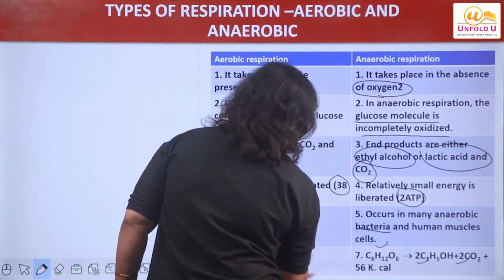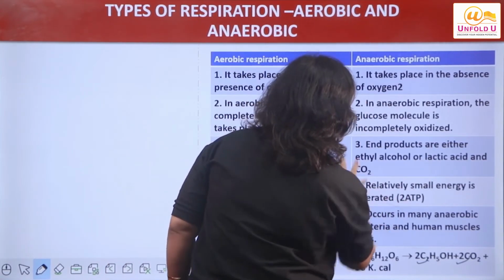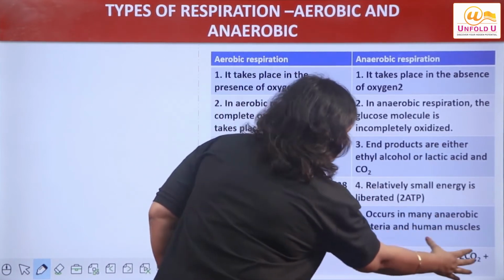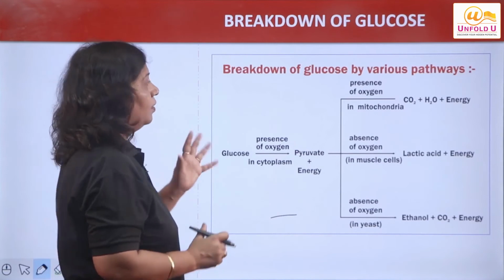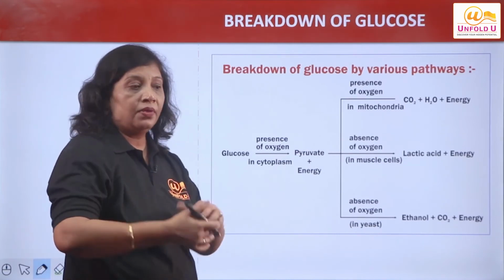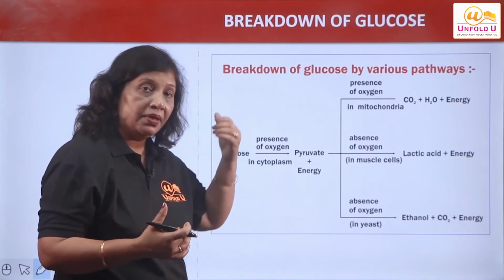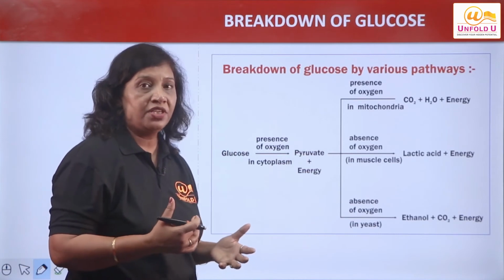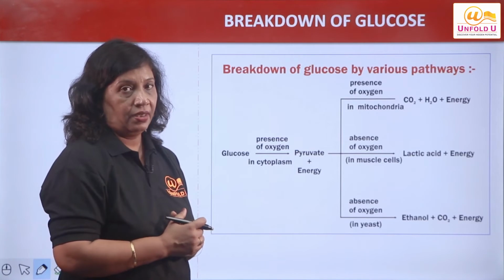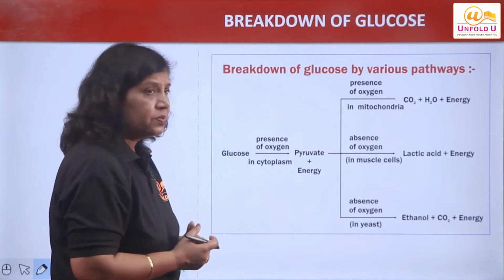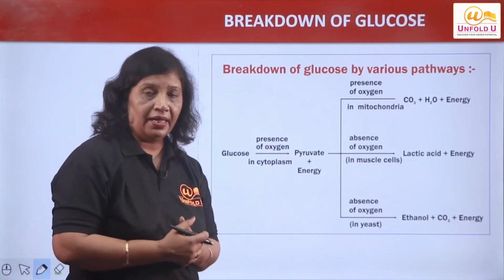Now, let us see how the glucose breaks down. Different pathways of the breakdown of the glucose. Glucose breaks down using different methods, right? It can break down under aerobic respiration, or it can break down under anaerobic respiration. Anaerobic respiration mainly takes place in the bacteria and yeast.